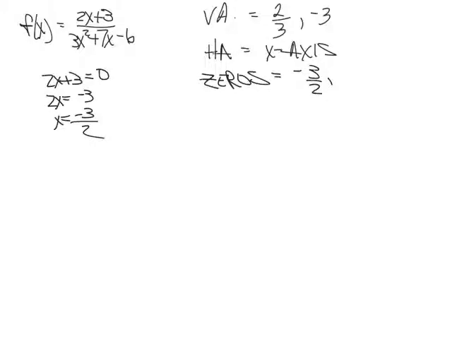And the next thing that we're going to do is find out where this graph crosses the y-axis. So what we're looking at is the y-intercept. And to find the y-intercept, we need to find out what number we'll get here if we put zero in for our x.